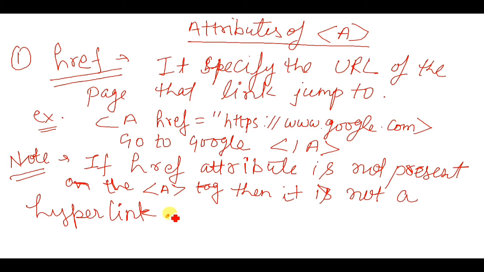So student, if the href attribute is not present on the anchor tag, then it is not a hyperlink or link. So the anchor tag does not exist, we can say.